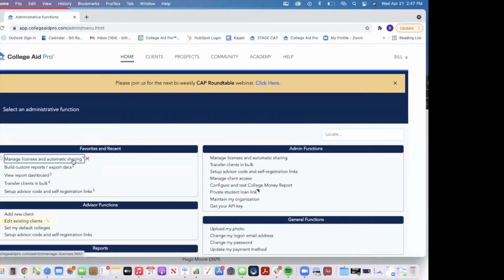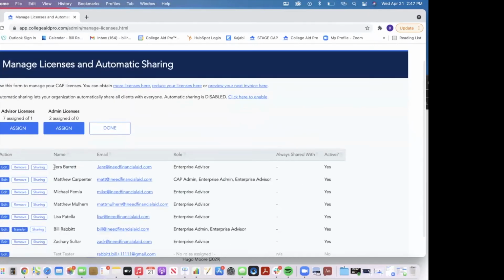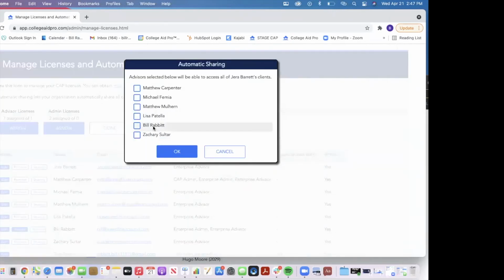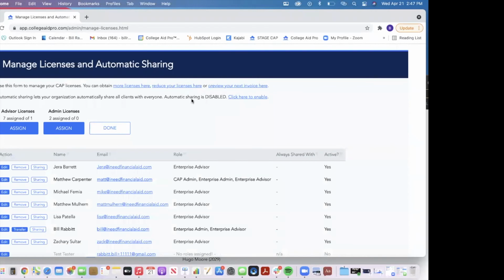I could also, as an admin, set up automatic sharing between me and Jared always. Okay. And I've done this with a few new reps, where every new case that a new rep that we brought on and we're training runs, I'll set up automatic sharing right from here. So I can see all of their cases anytime that they run it. So that way I can chime in as needed. And then we have a global sharing.